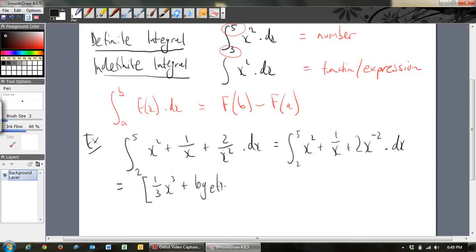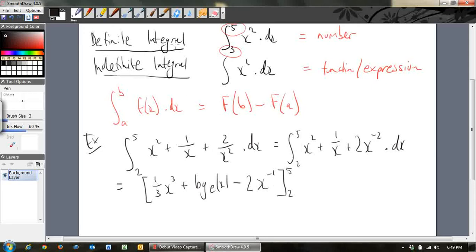Well, that's plus log e of x. And for this one, the power of negative 2 goes up by 1, so it'll be x to the negative 1, and then we divide by negative 1, so it ends up being minus 2x to the negative 1. So that's our integral, and we're going to evaluate that between 5 and 2.